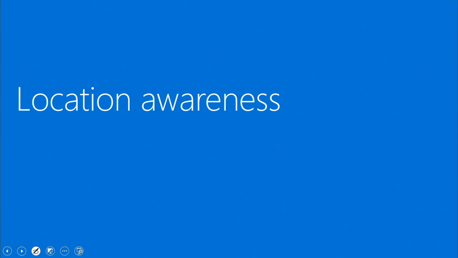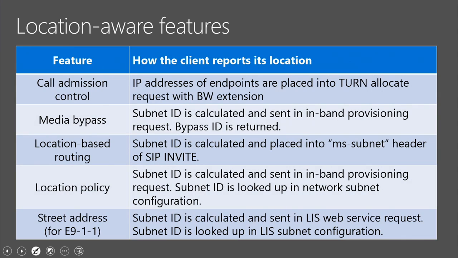Before I switch into some other real voice topics, I wanted to discuss for a moment location awareness and a couple things to know about it, in particular as it relates to voice features. We have, as far as I can count anyway, 5 features that are dependent on the user's location. And the client reports the location, and by location I simply mean where in the network. It's all related to the network.